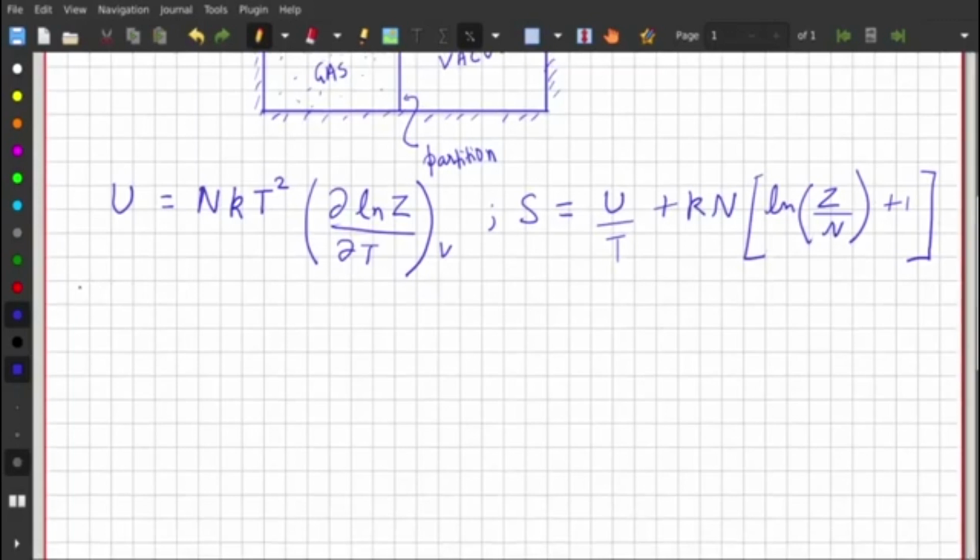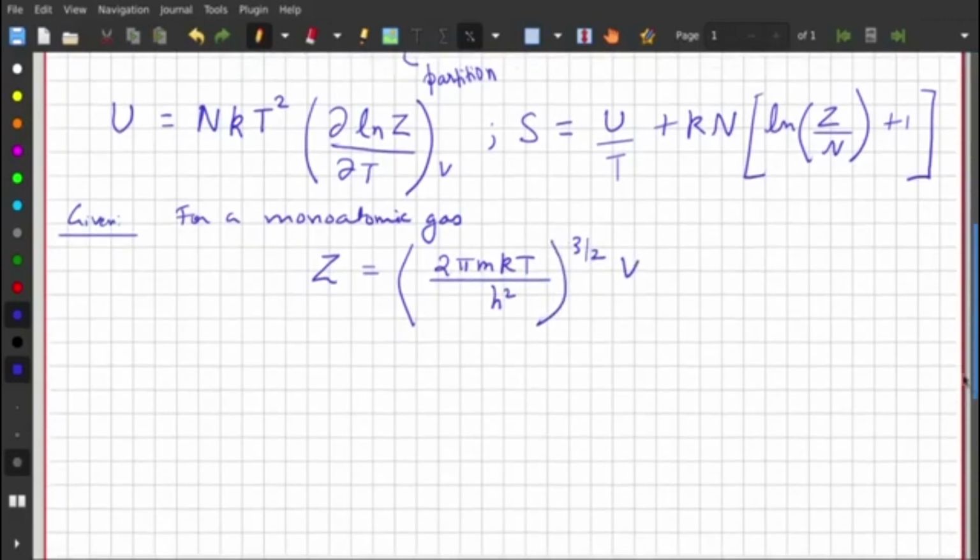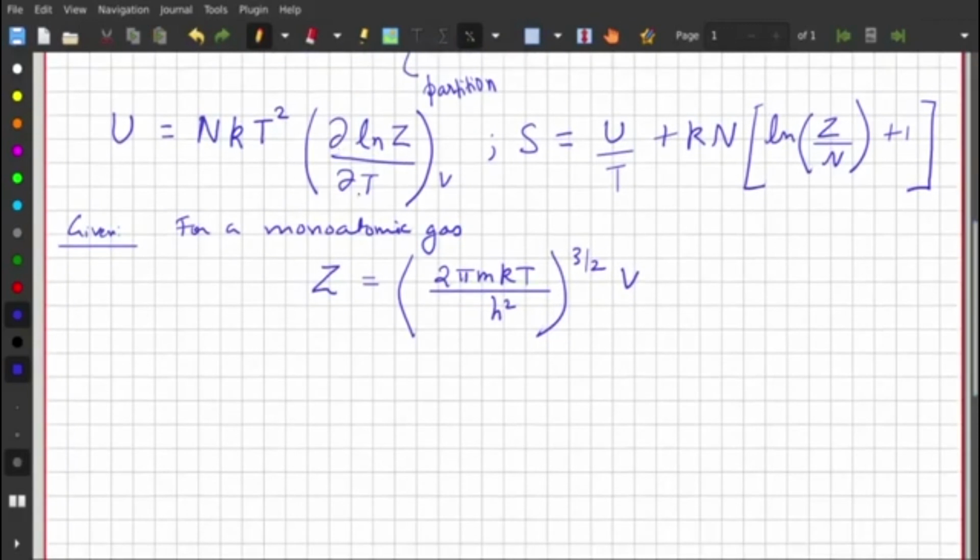Okay, so those are the internal energy and the entropy written in terms of the partition function, and what is given is that for a monoatomic gas, the partition function is (2 pi m kT divided by h square) to the power 3/2 times V. Okay, so in order to take the derivative, let's take the natural logarithm of both sides.